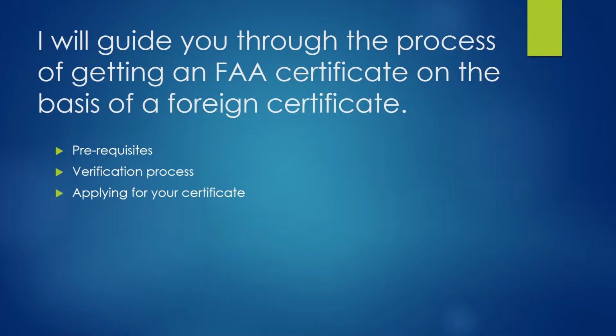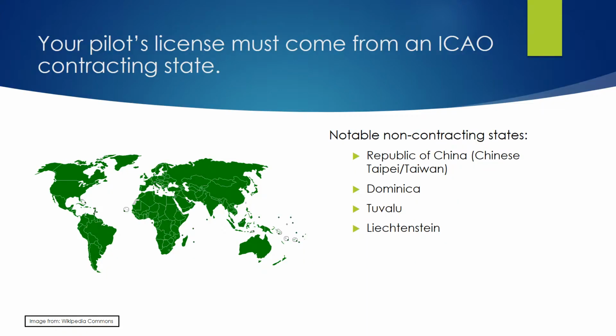In order for you to be eligible to apply for an FAA certificate, you must have a private pilot's license or higher from an ICAO contracting state. An official list is available on the ICAO website.